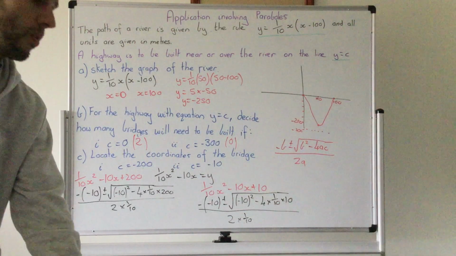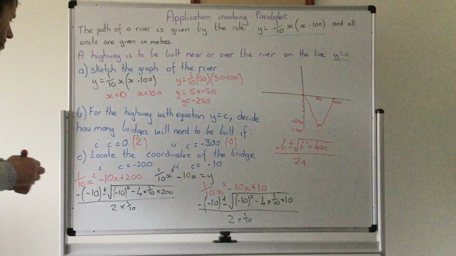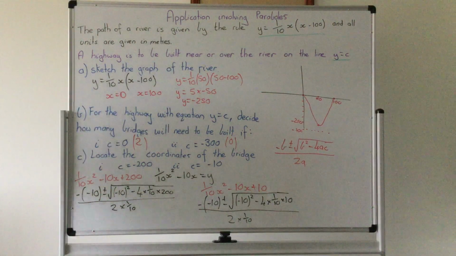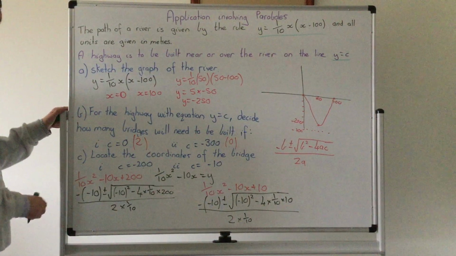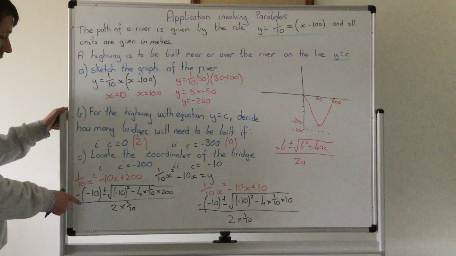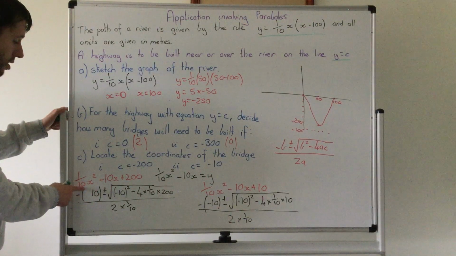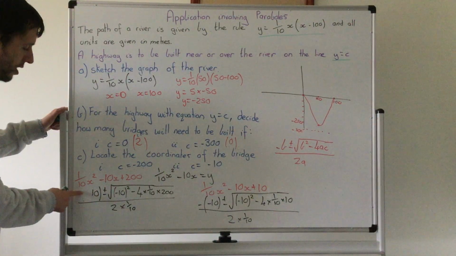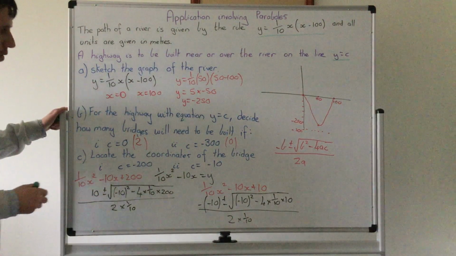So straight away, we can simplify this. I'm just going to change colour. I know a negative and a negative equals a positive. So that just means that this negative 10 is going to change to a positive there, so I can rub that out. There we go.